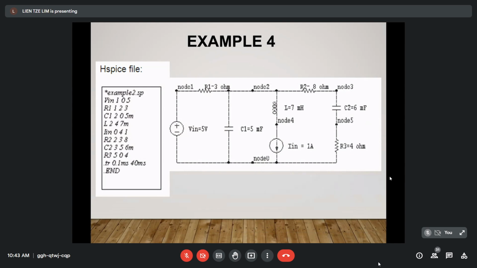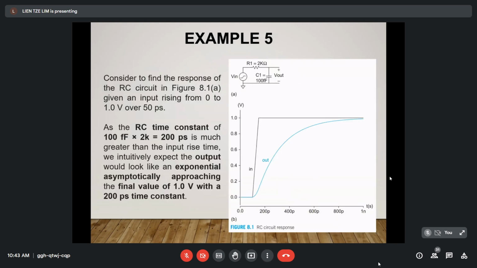I briefly mentioned this last week. This is not difficult to understand if you know what is meant by the syntax here. Examples 1 until 4, I will leave it to you to revise. So now example 5.